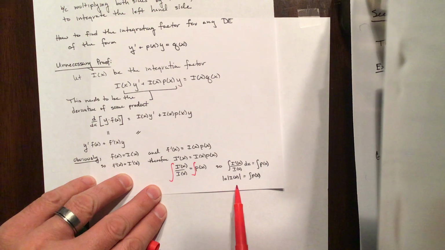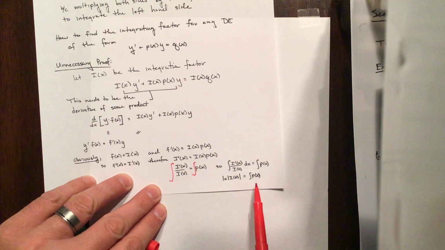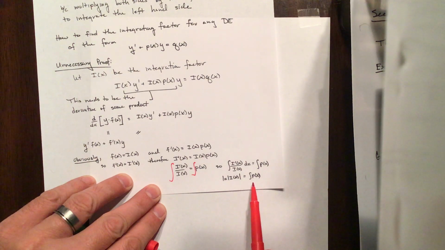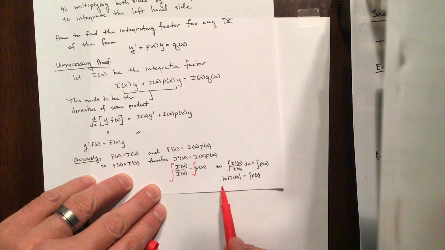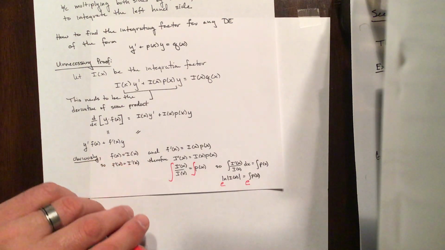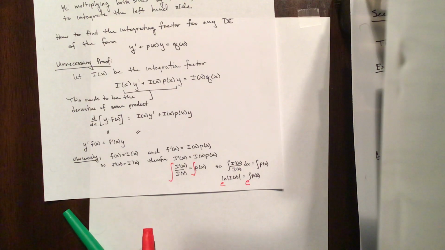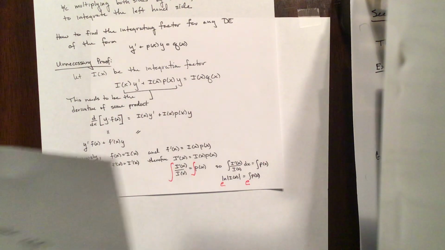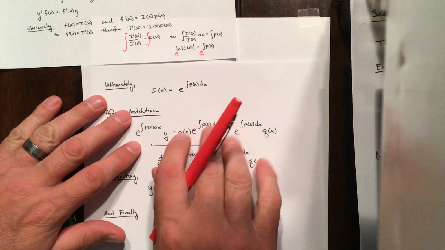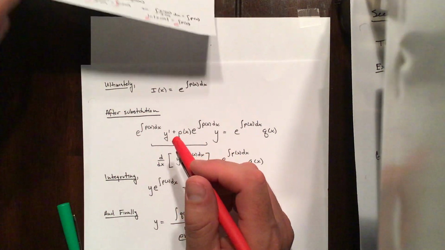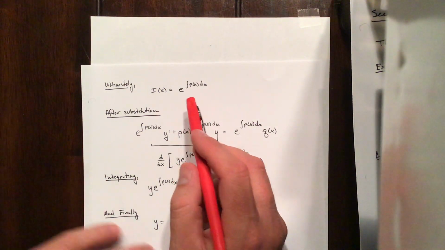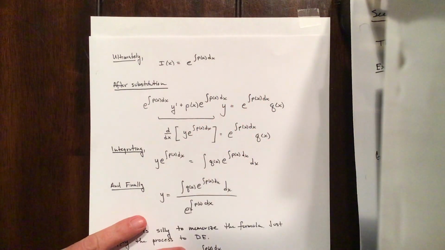So this is a natural log integral, which means that the natural log of the absolute value of I of x is the integral of p of x, and if we exponentiated both sides, what we would retrieve is the integrating factor I of x, the magical thing that we're supposed to multiply both sides of the equation by, is equal to e raised to the integral of p of x.